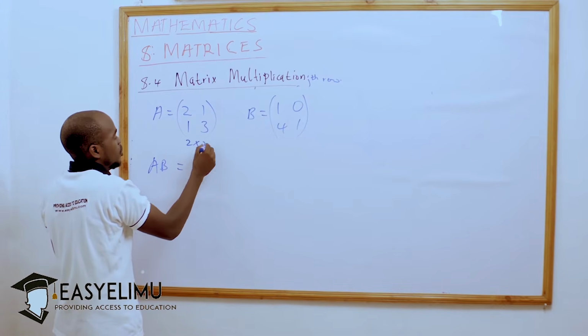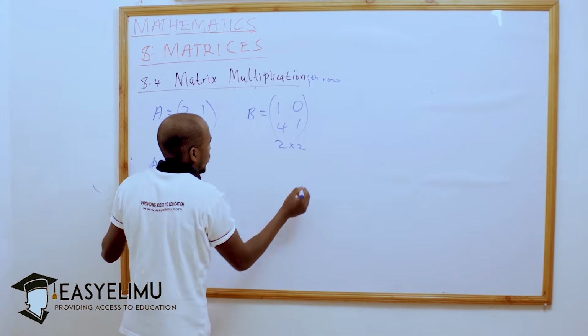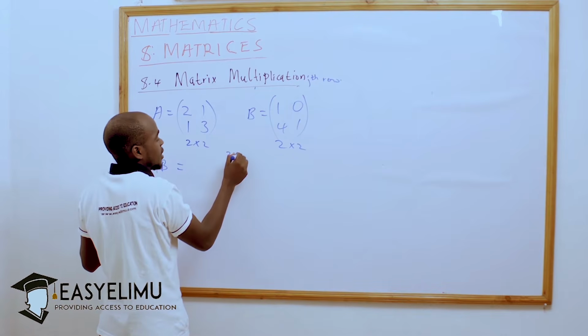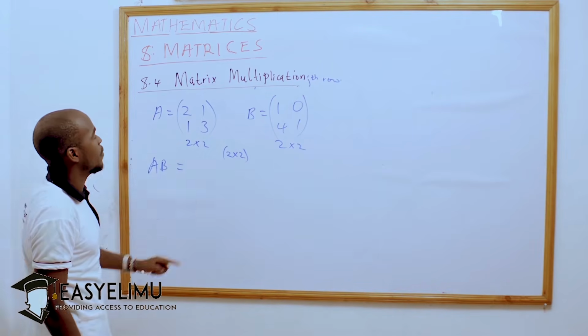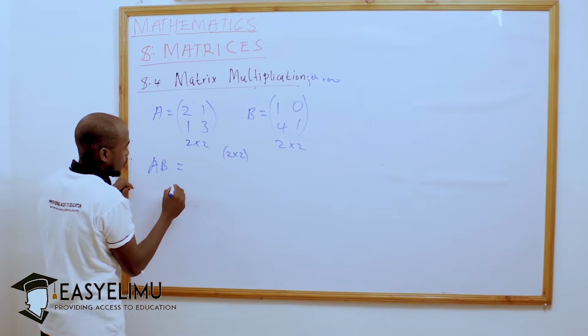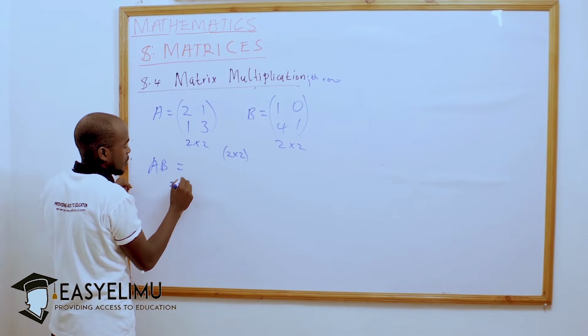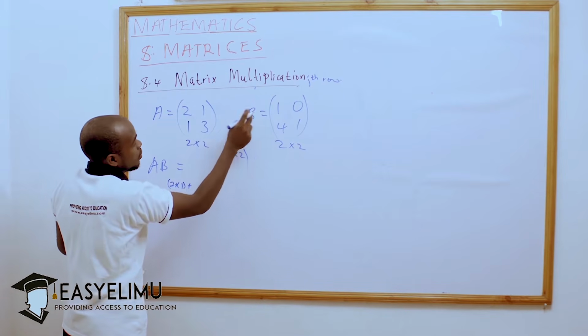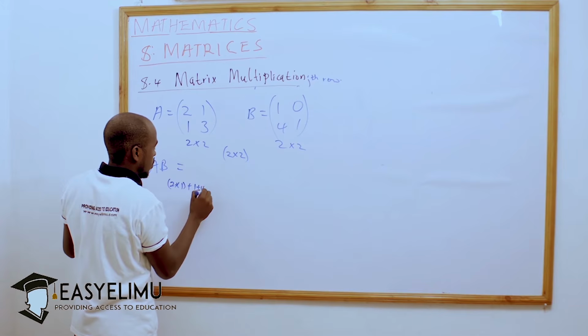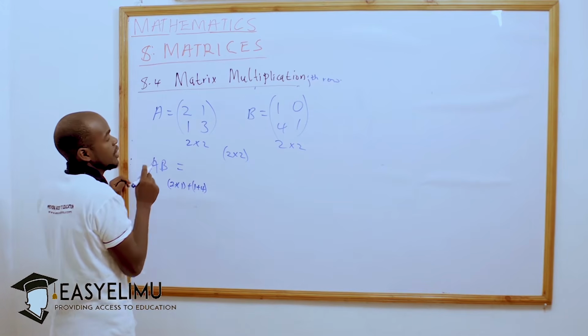This is a 2 by 2 matrix and this is a 2 by 2 matrix, meaning our resulting matrix shall be 2 by 2, and it will be 2 by 1 plus 1 by 4, that is for the first entry.